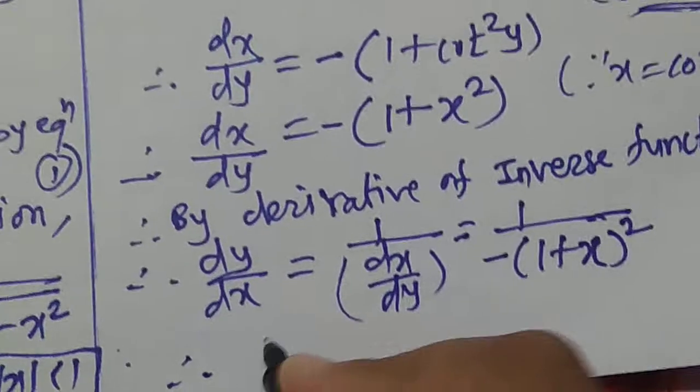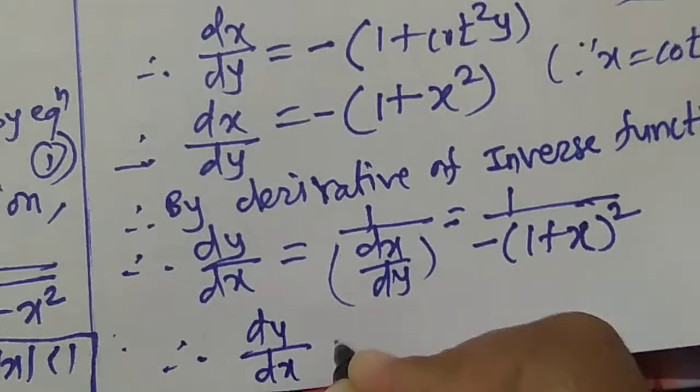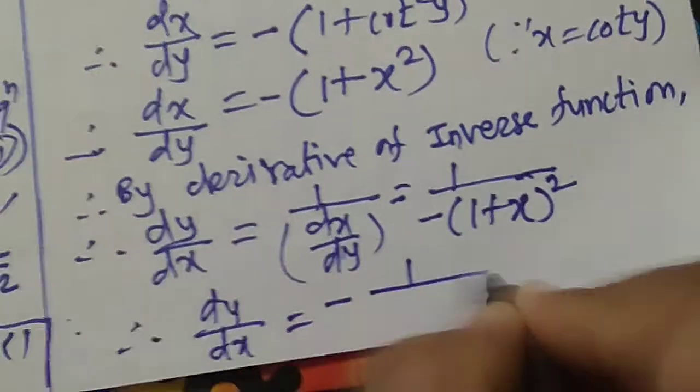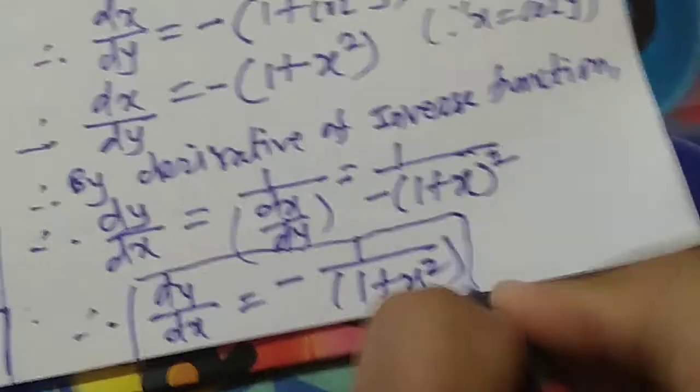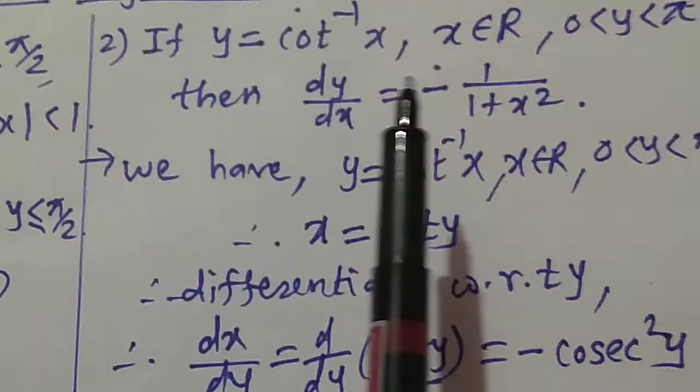Now we got derivative dy by dx is equal to minus 1 upon 1 plus x square, which is the derivative of the given function y is equal to cot inverse of x.